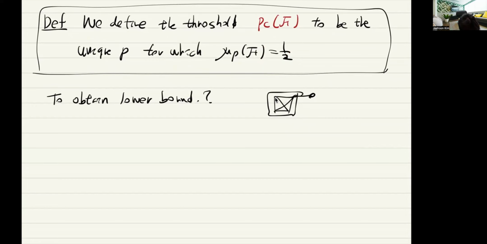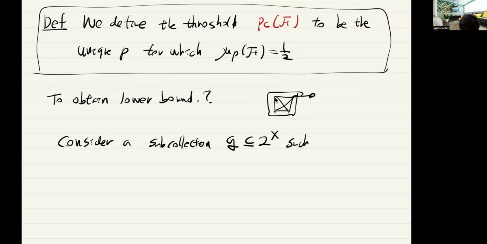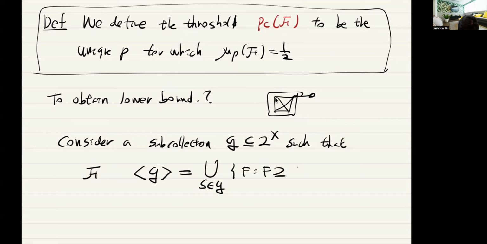In here, what we can do is consider a subcollection, say G, in the following way. You consider all the elements there, then you add all the supersets of these.